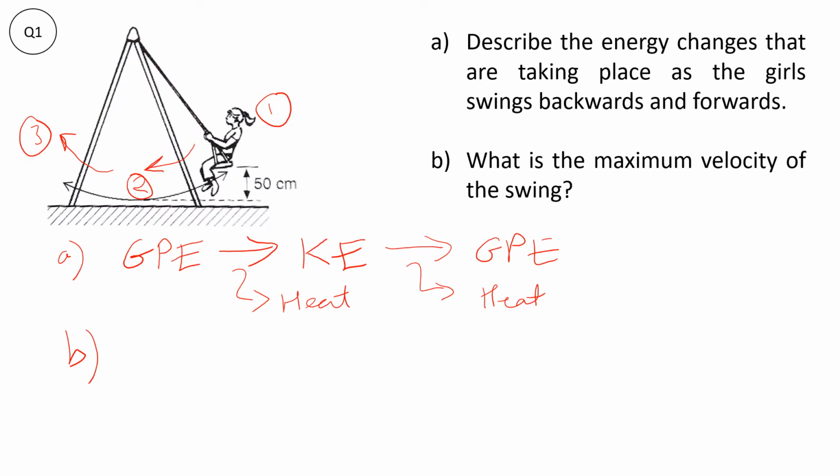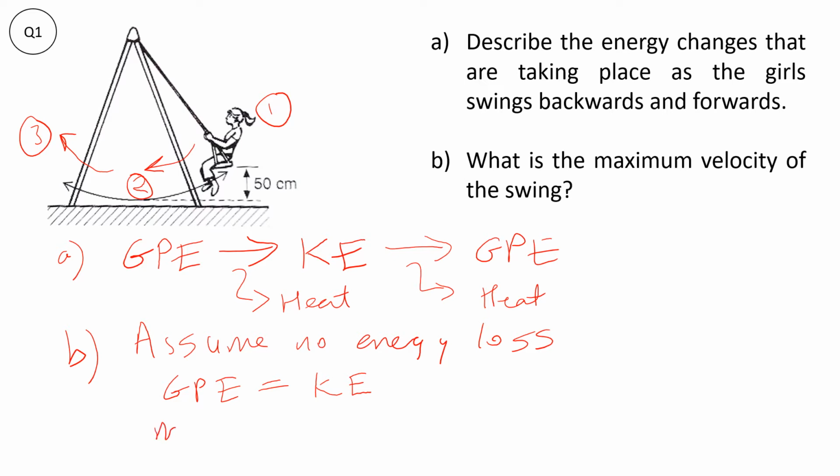Let's have a look at part B. What is the maximum velocity of the swing? Well, now we don't know the mass of the girl, but what we do know is that assuming no energy loss, we'll assume no energy loss in this question. Okay, we can say that the GPE in position 1 equals the KE in position 2.